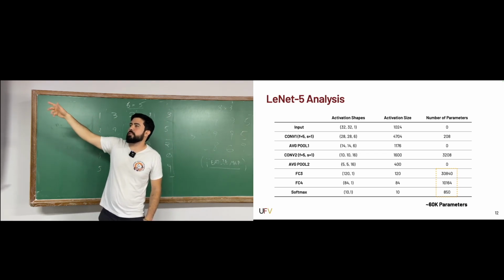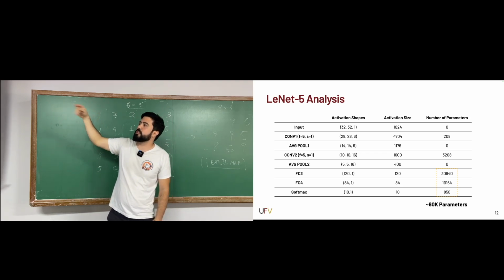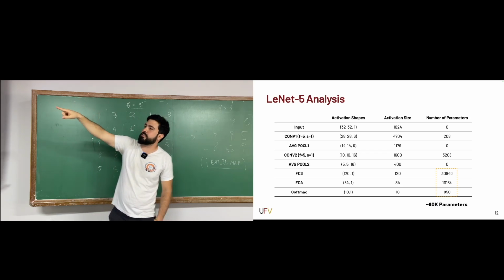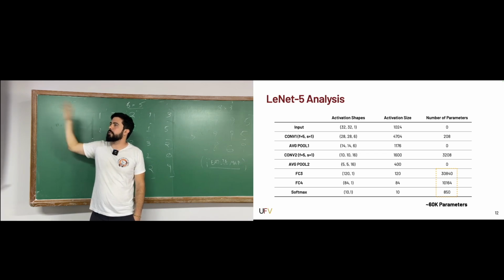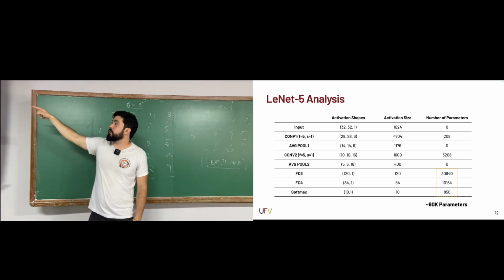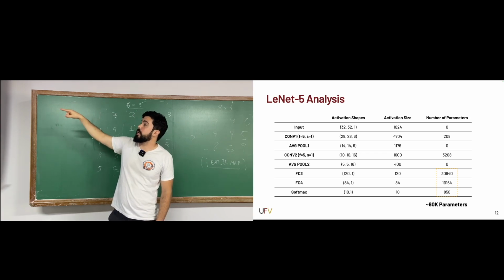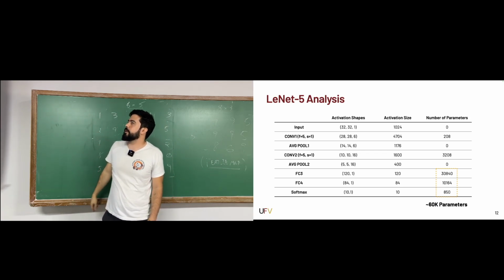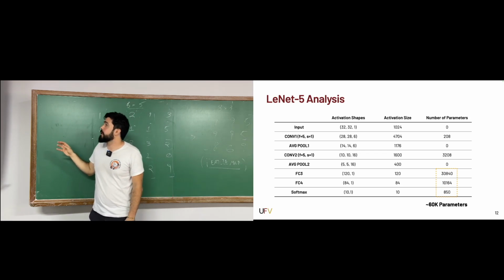If you look at the input layer, obviously it doesn't have any parameters or weights, right? But then convolutional 1, the very first convolution, has a filter size of 5 and a stride of 1. And then we can compute the number of parameters, and we have about 208. Probably that's a little bit different, but it's about that number of parameters.